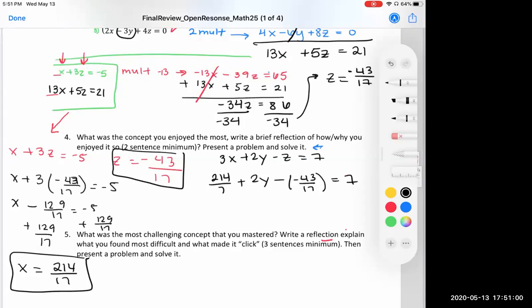All right, so question? When you were finding x, you have it as negative 5 plus 129 over 17.